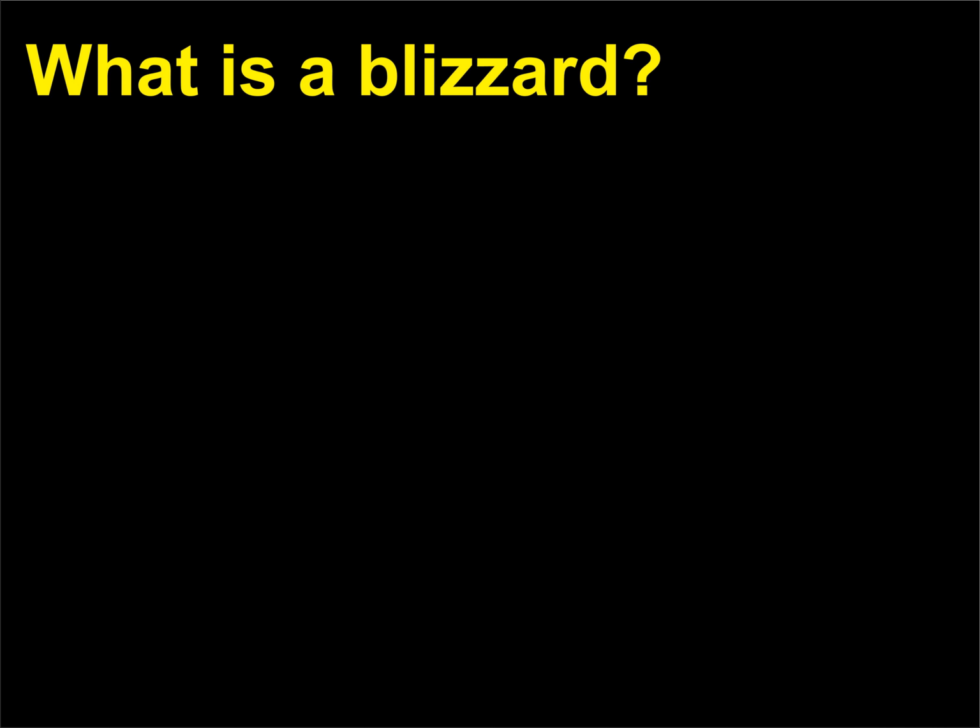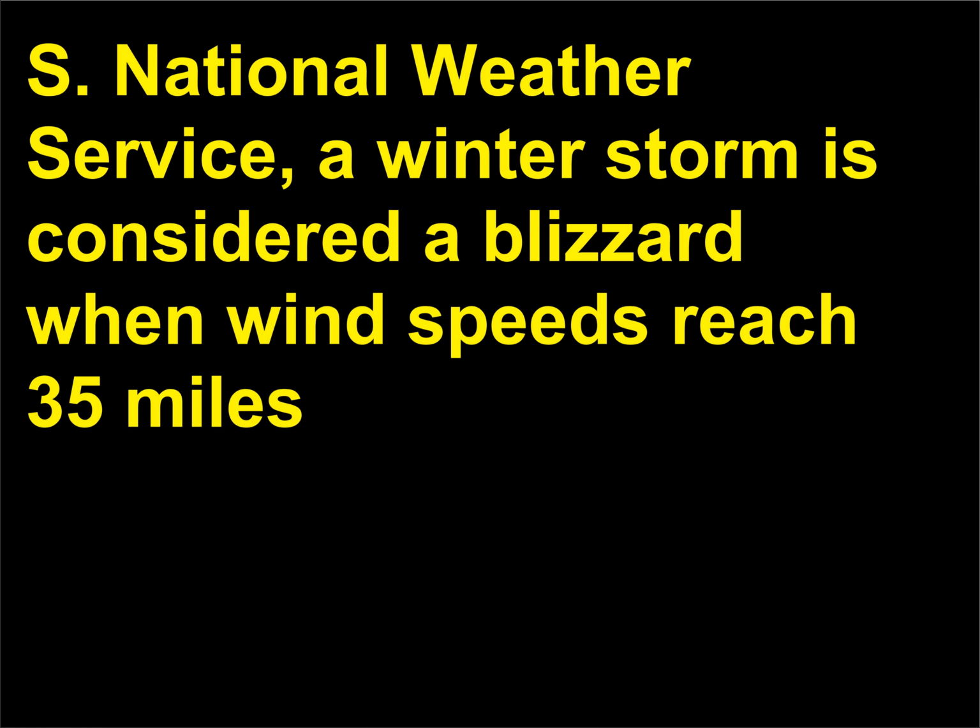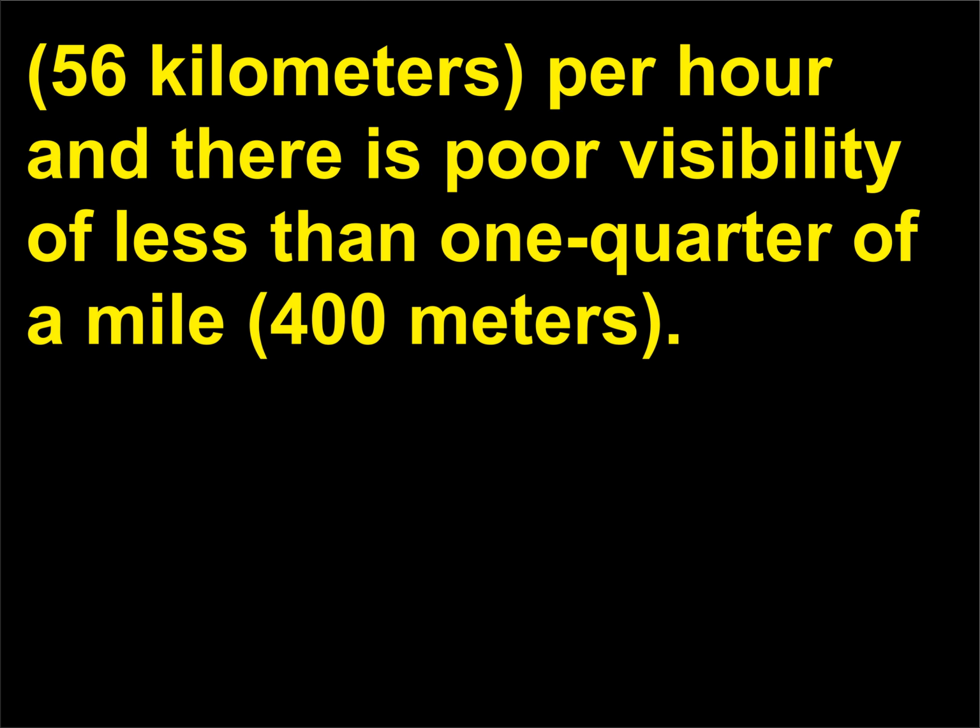What is a blizzard? According to the U.S. National Weather Service, a winter storm is considered a blizzard when wind speeds reach 35 miles per hour, 56 kilometers per hour, and there is poor visibility of less than 1/4 of a mile, 400 meters.